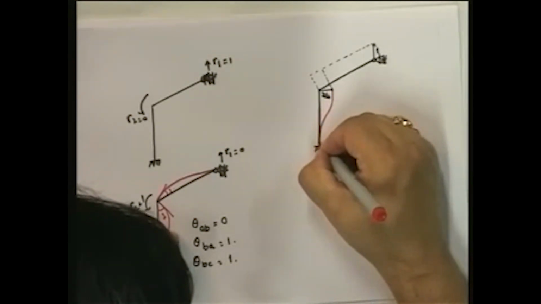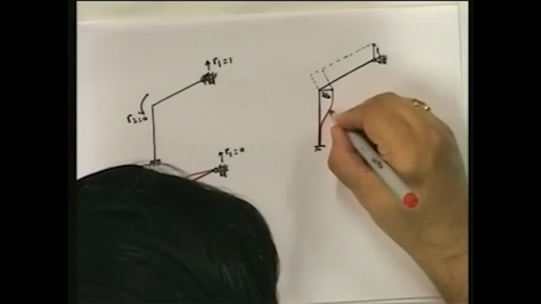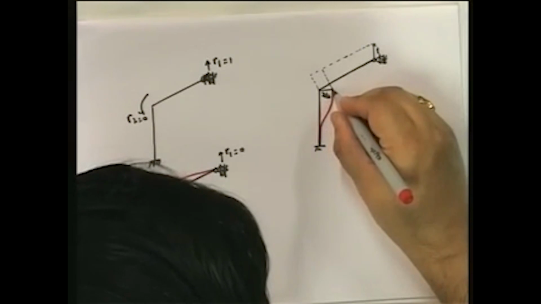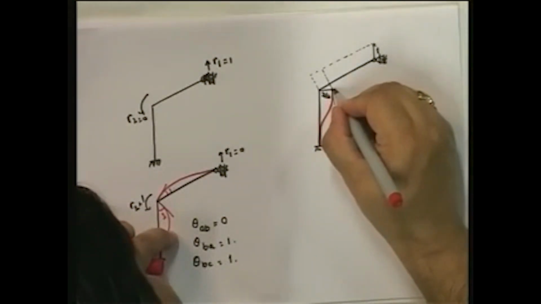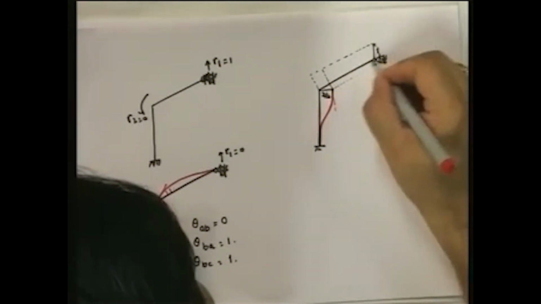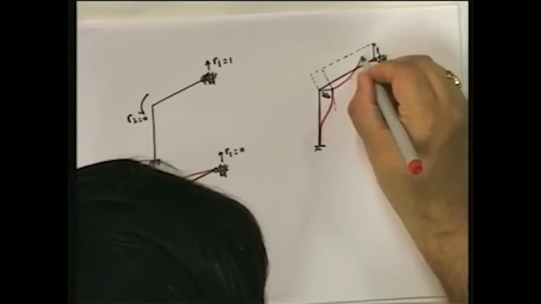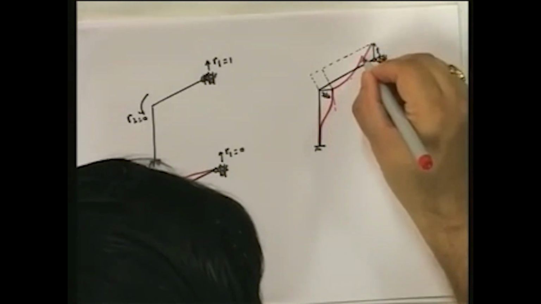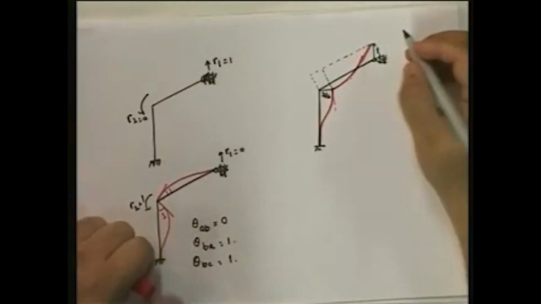Remember that here R2 has to be equal to 0. So the tangent at this point has to remain straight. Similarly, the tangent over here has to remain straight. So this goes. But over here, it does not have to remain straight because there is a hinge.